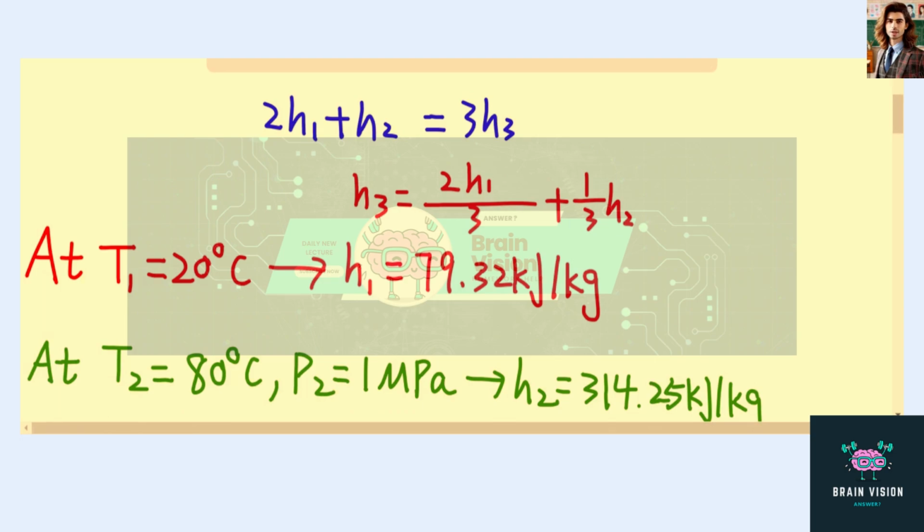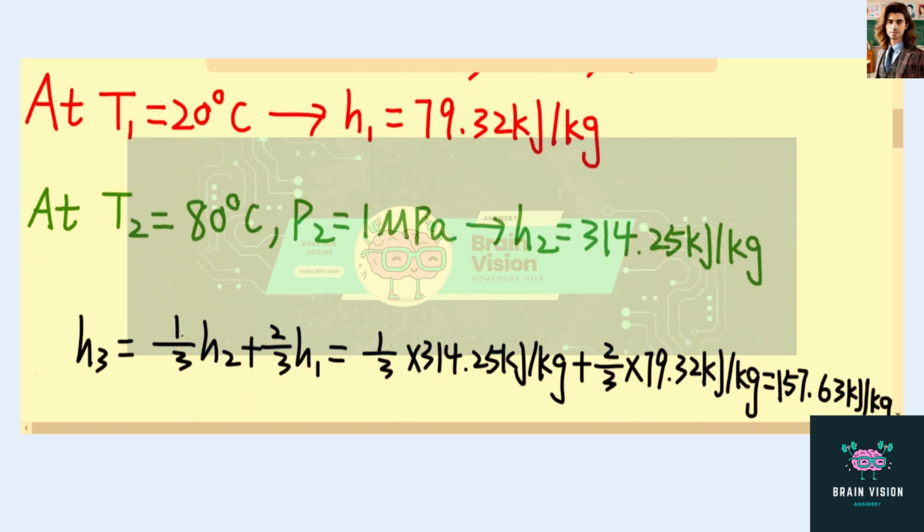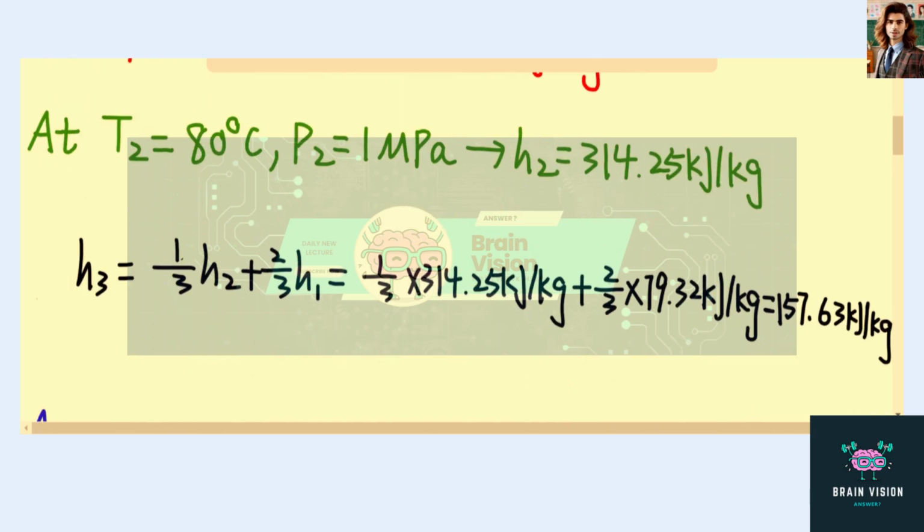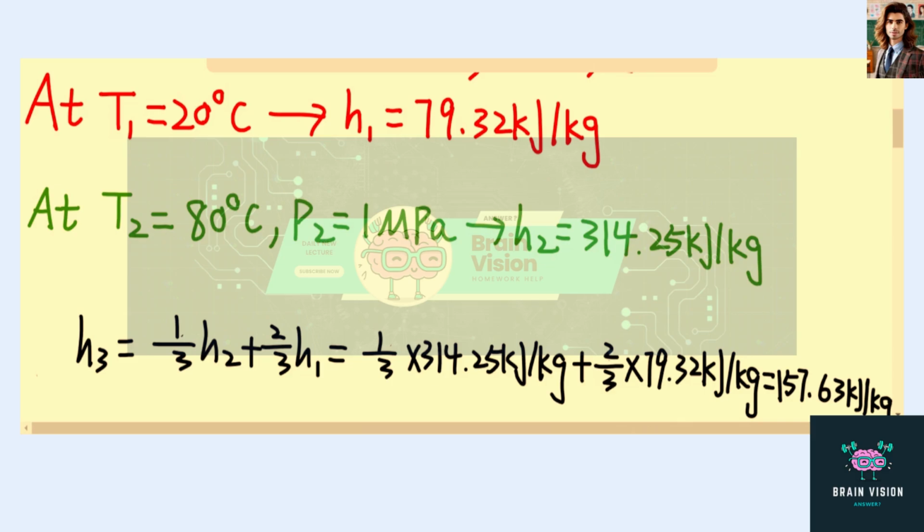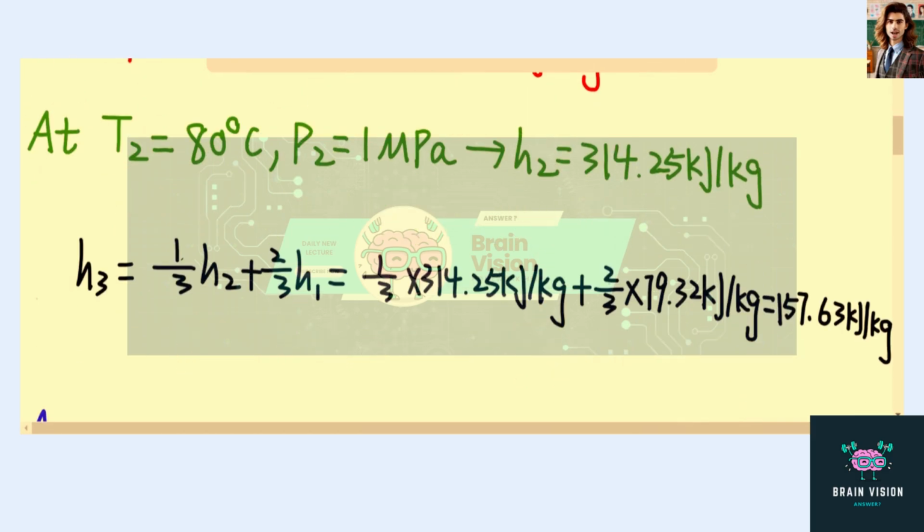And at temperature equal to 80 degrees Celsius and pressure equal to 1 megapascal, the corresponding enthalpy is 314.25 kilojoule per kilogram. So now we can determine h3. If we plug in values, eventually we'll have h3 is equal to 157.63 kilojoule per kilogram.